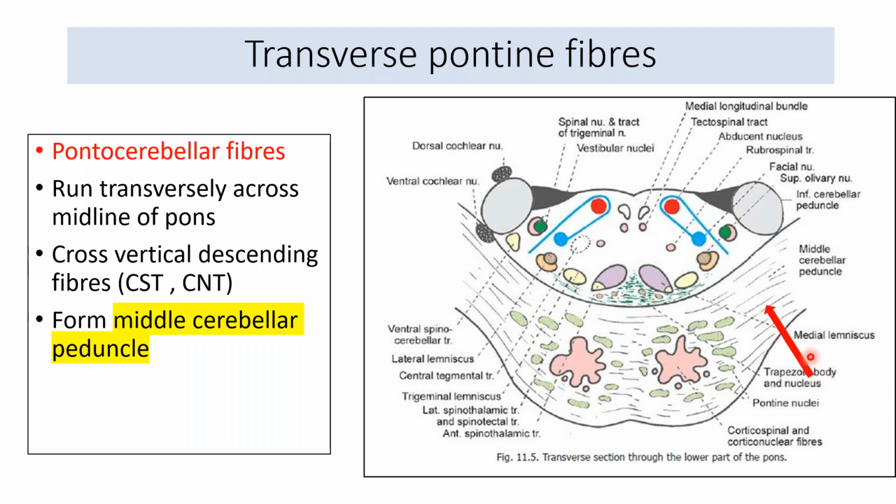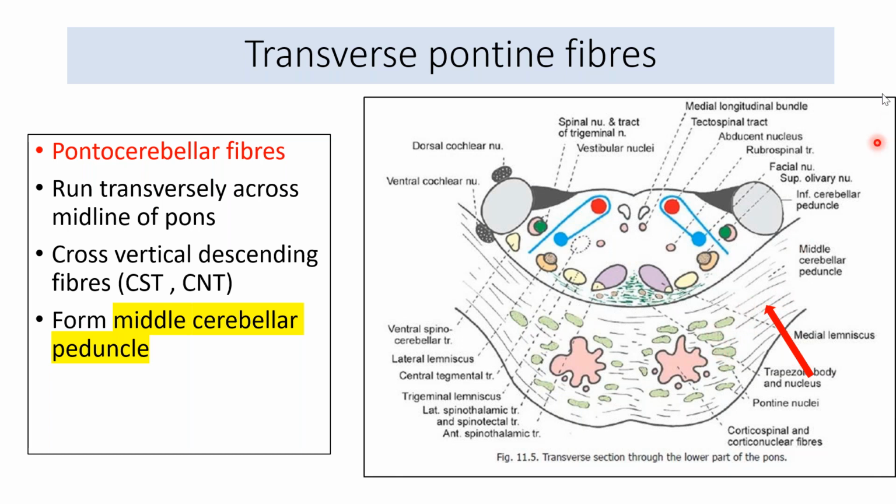Now, what are transverse fibers? These are the transversely running fibers, the pontocerebellar fibers, from the pons to the cerebellum. They run transversely across the pons, so they definitely cross the vertical descending fibers.